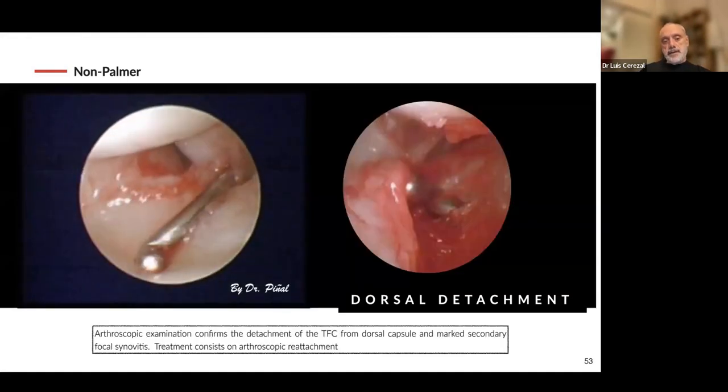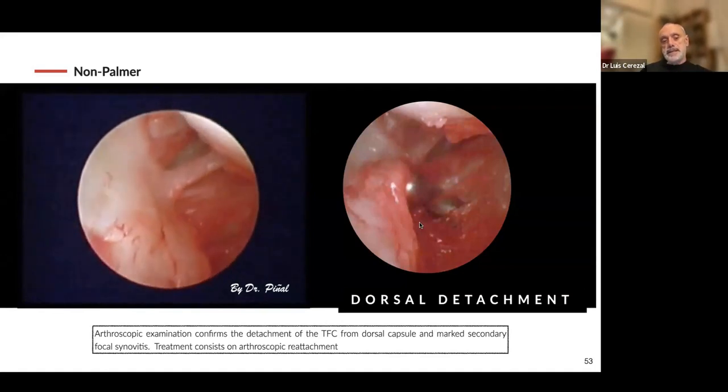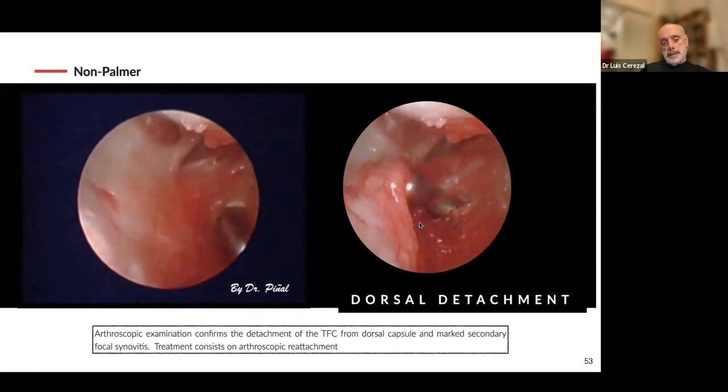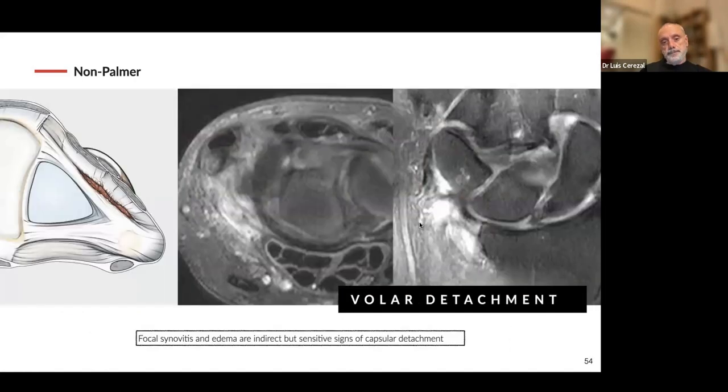And this is the arthroscopic correlation of Paco Del Piñal with a normal central TFC, but a marked dorsal synovitis and a clear detachment of the dorsal radioulnar ligament from the dorsal capsule.